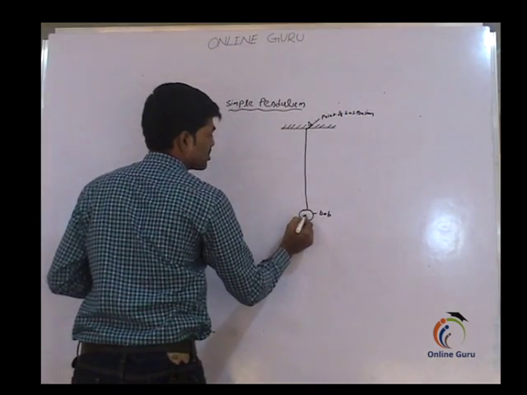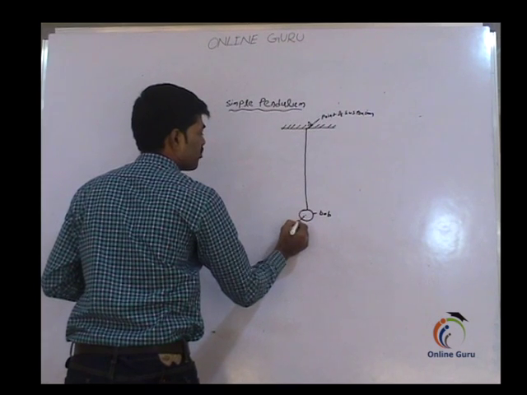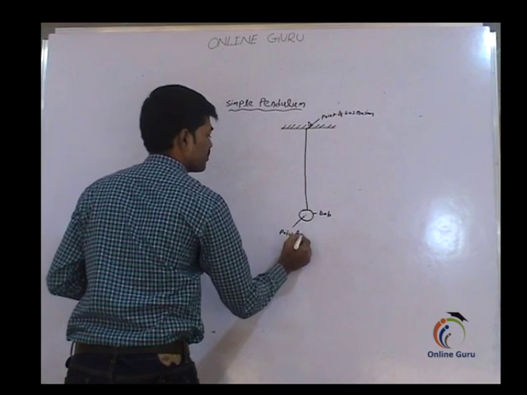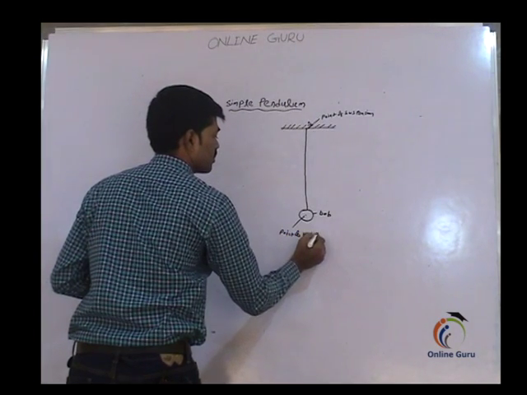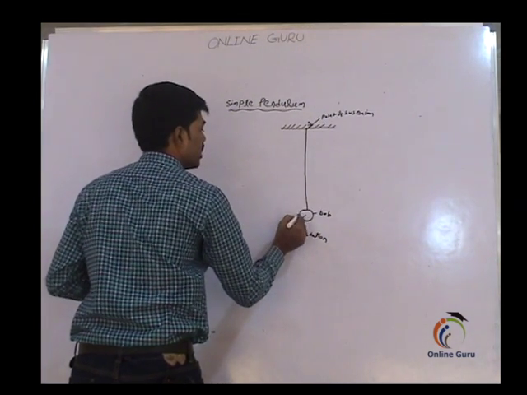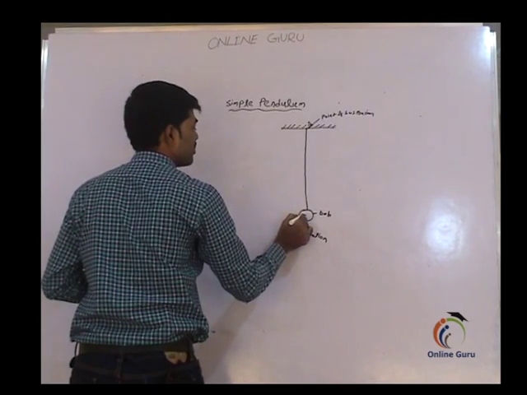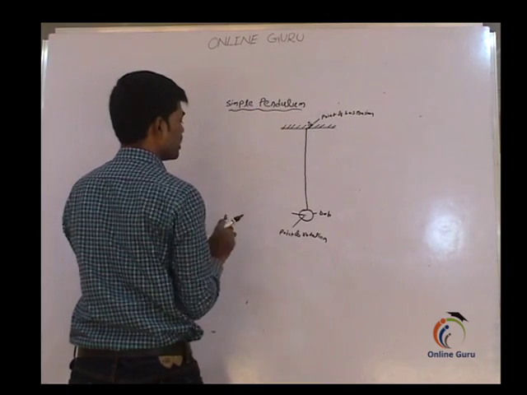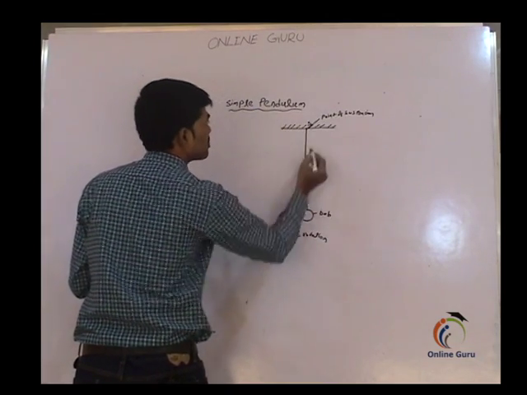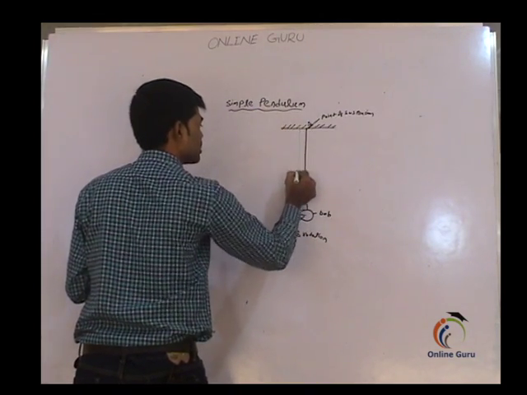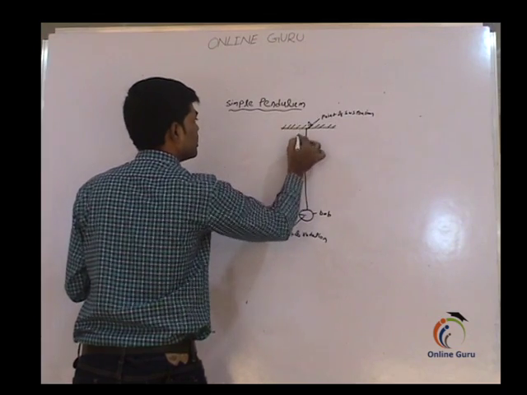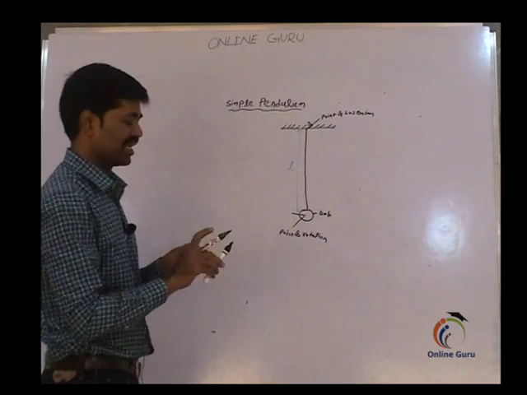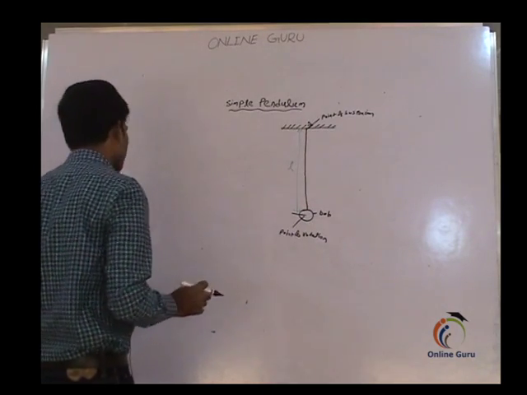And this is the point of rotation. And the distance between this point of rotation and the point of suspension is considered as the length of the pendulum. L is the length of the pendulum.